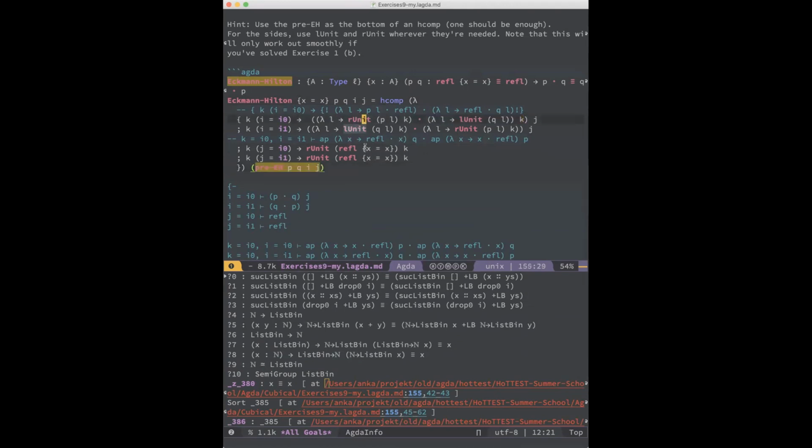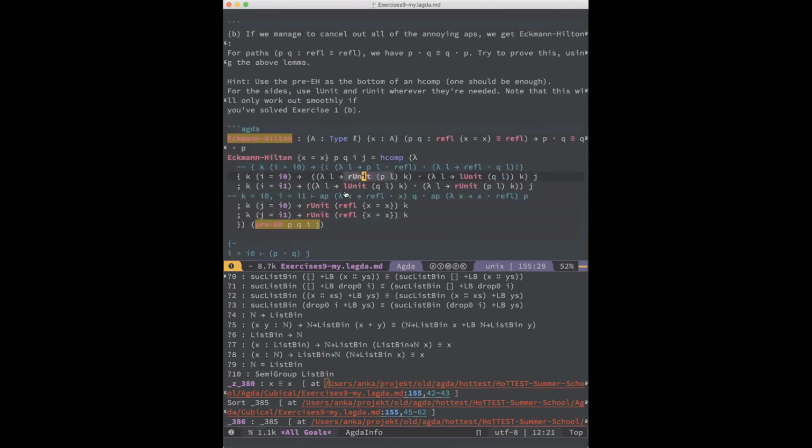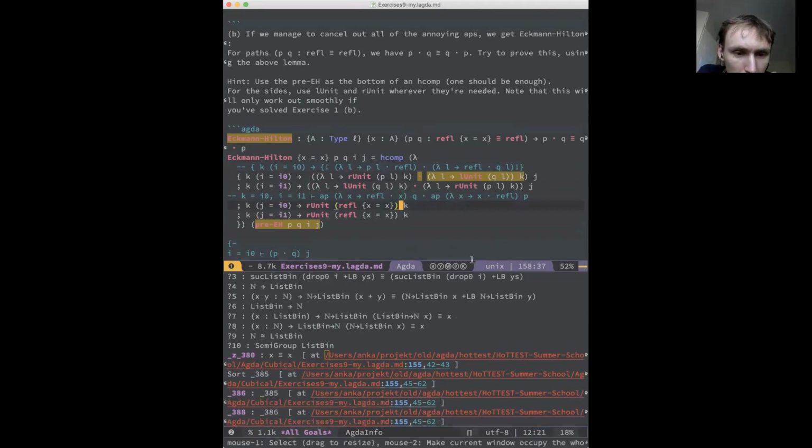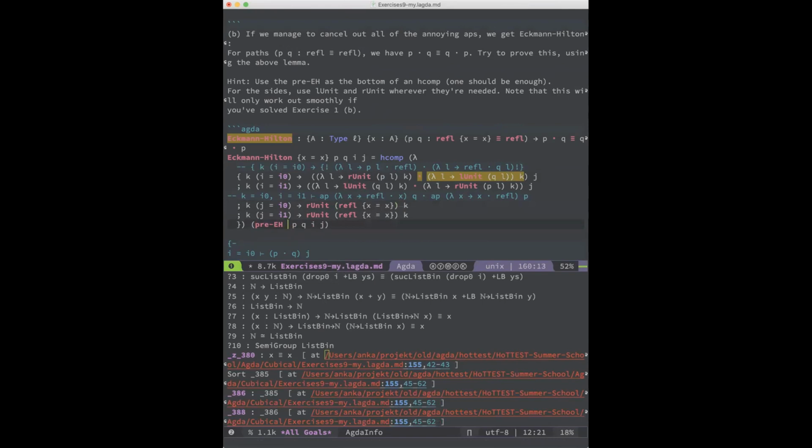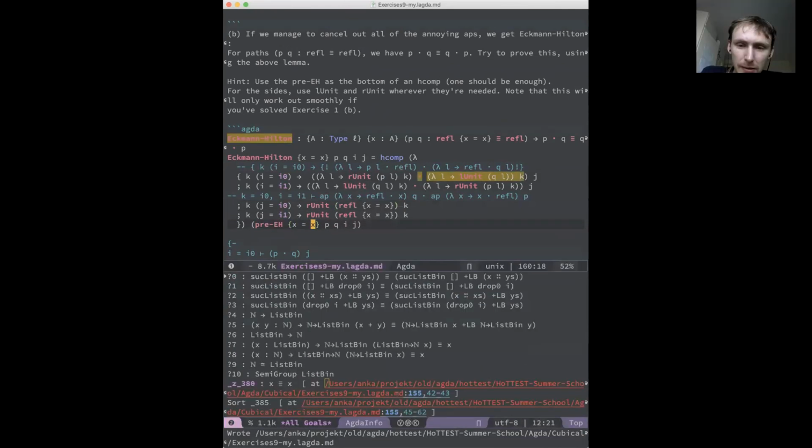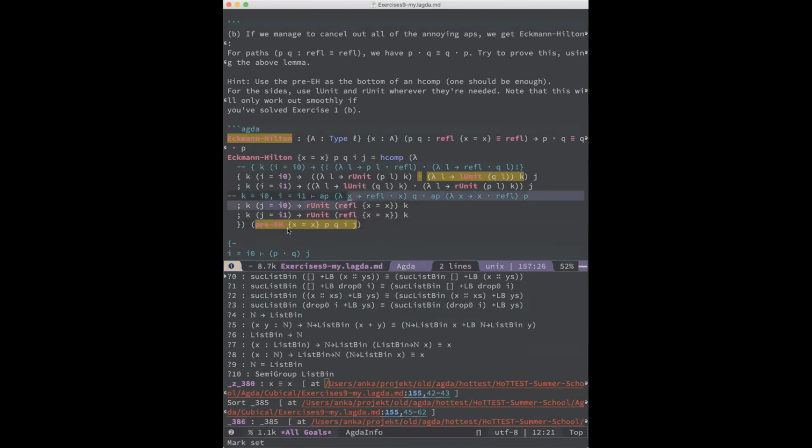My definition does satisfy the equality, but apparently something else. That's super strange, actually. Okay, what if you give X as an implicit argument to pre-Eckmann-Hilton in the bottom? Maybe, you never know. It shouldn't be that though. No.